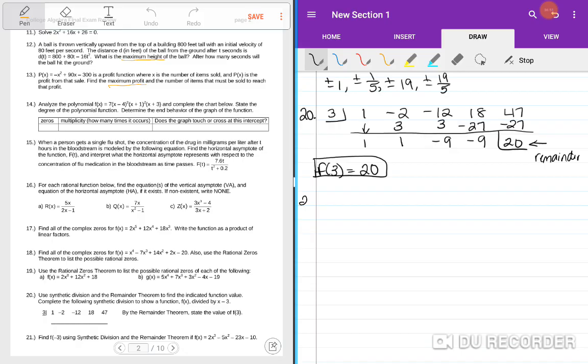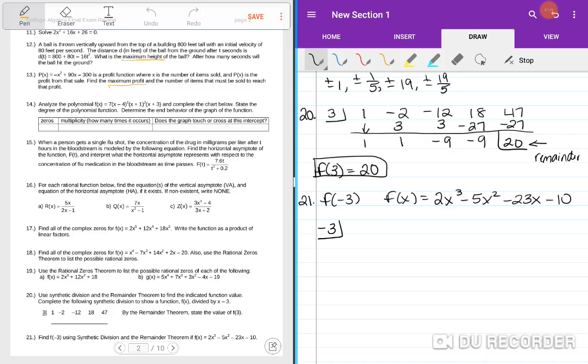And then number 21 here says find f of negative 3 using synthetic division and the remainder theorem. The function here is 2x cubed minus 5x squared minus 23x minus 10. All right, so negative 3 is going to go in my box.